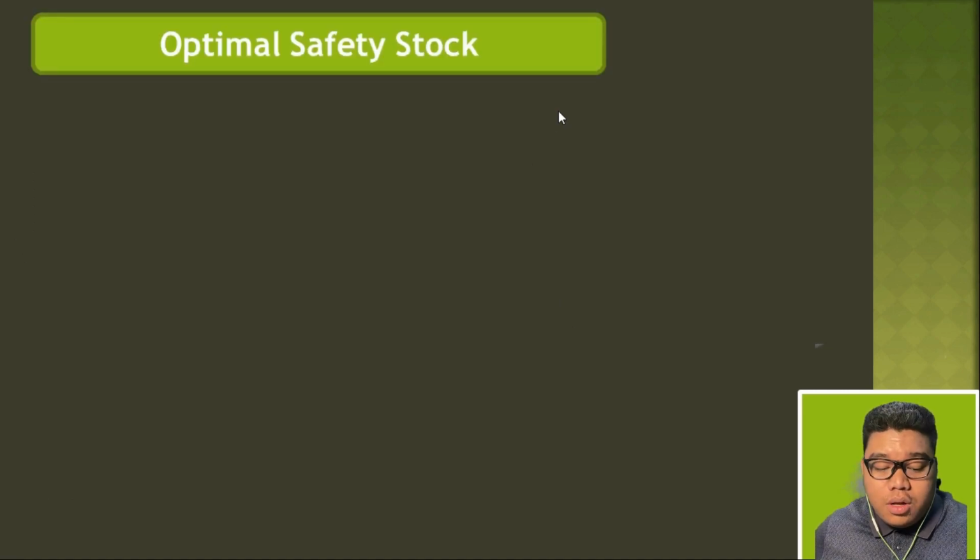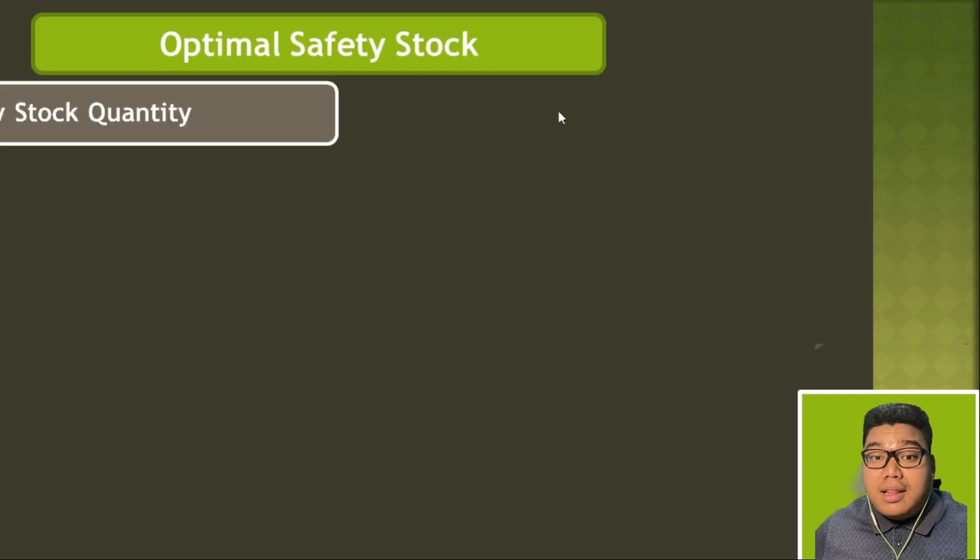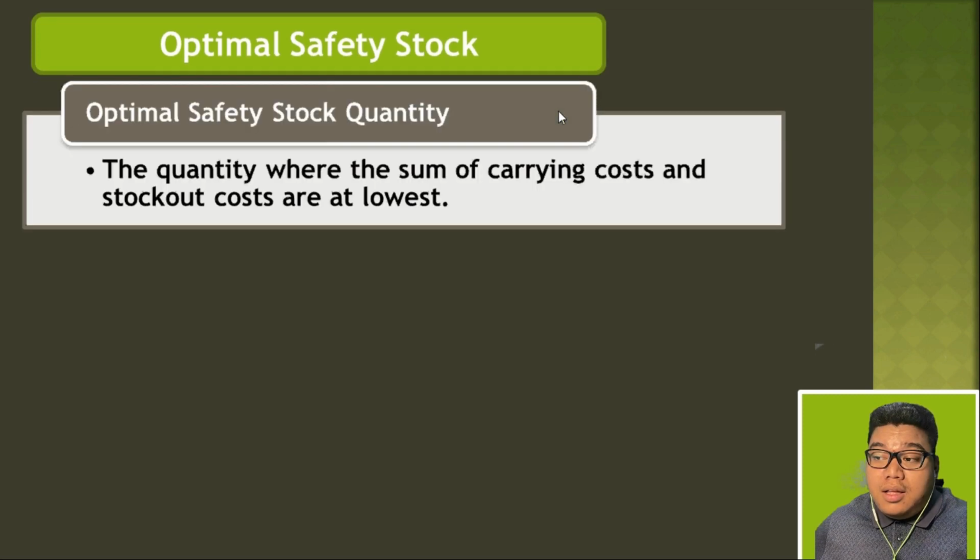Now we go with optimal safety stock. What is the optimal amount of safety stock that we need to maintain? That is the quantity where the sum of carrying costs and stockout costs are at lowest. So we need to consider the carrying cost of that safety stock, because ideally, if we do not want to have stockouts, we need to maintain very plenty quantity of inventory.